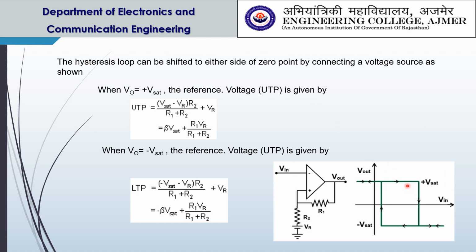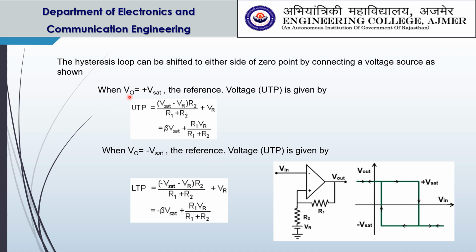This hysteresis loop can be shifted on both sides of the zero point by connecting a voltage reference source as shown in this figure. If we connect this reference voltage, then it can be shifted either to the right side or left side.